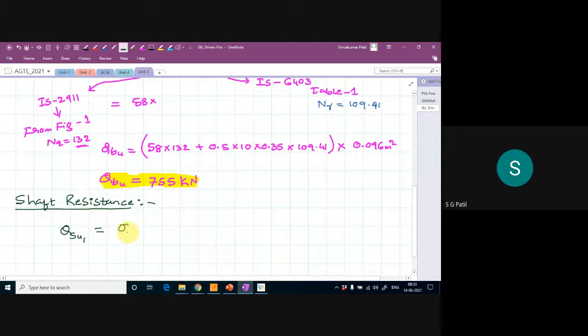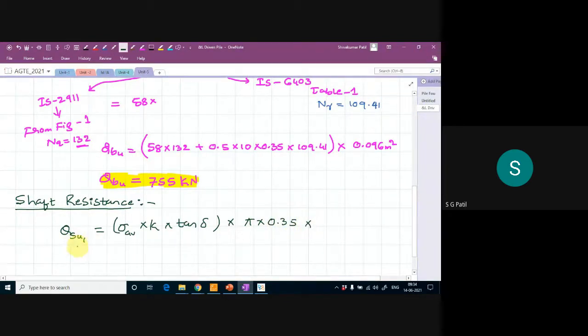So first shaft resistance, that is your sigma average into k into tan delta into surface area. What is the surface area? Surface area is pi into d into L. The d is 0.35, and what is the length here?